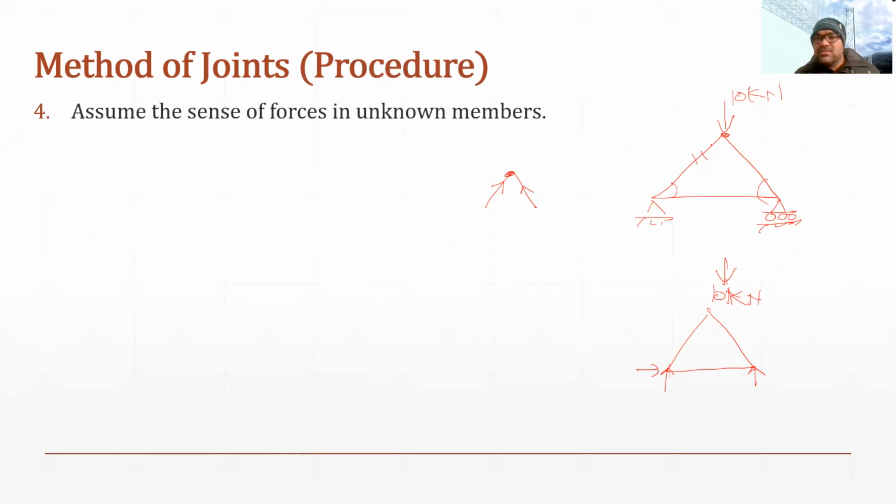By chance, if I consider this member to be in tension, then the arrow will be away from the joint. This is how we assume the sense of the forces. After analysis, if the value is positive, then our assumption is correct. If the value is negative, we say our assumption is incorrect, and the sense would be opposite to what we assumed.